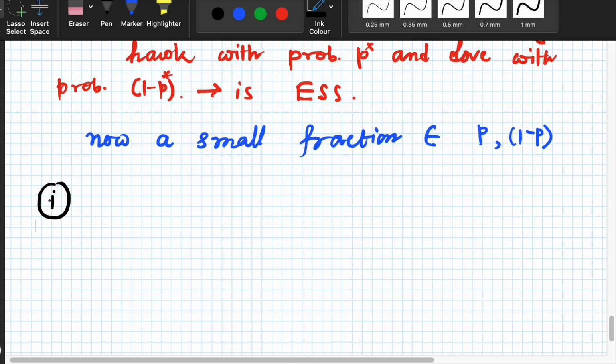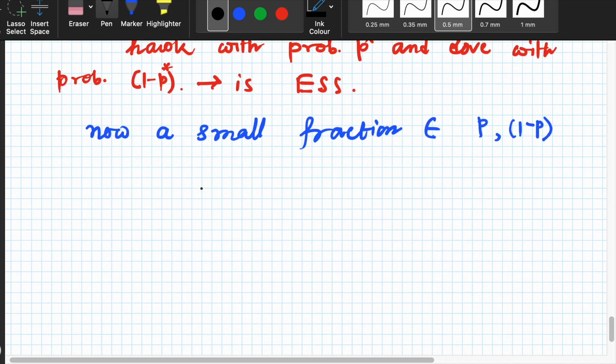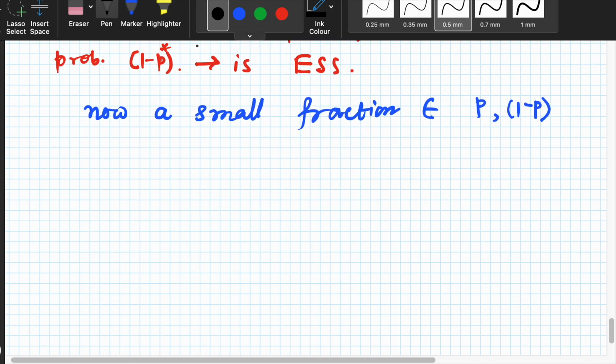So if I go back to here, what is the average fitness of this p star?